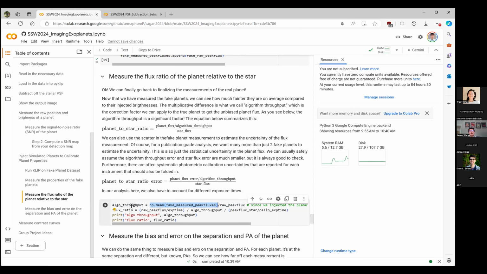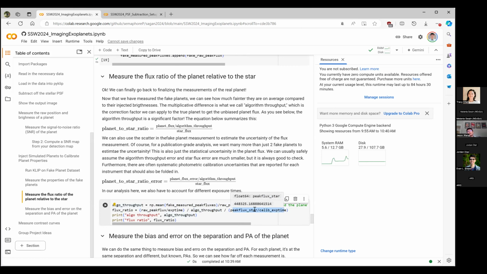And then once we take that algorithm throughput, we can take the real planet flux, we can take the flux of the star, and when we take the algorithm throughput and we combine them together, we can measure the real planet to star flux ratio. The flux of the star is a little bit tricky.